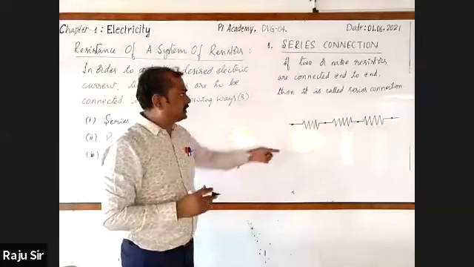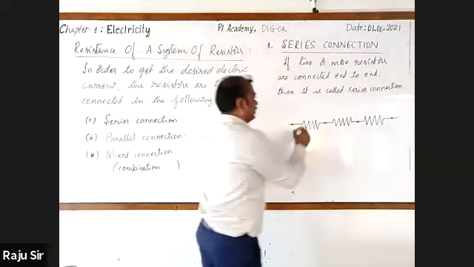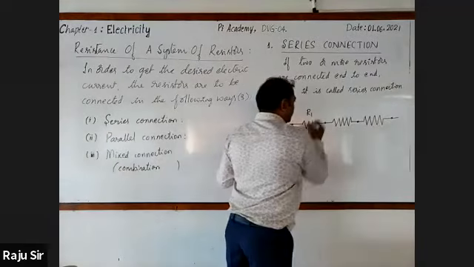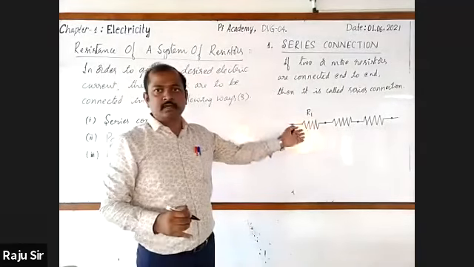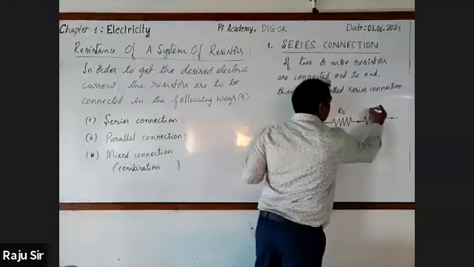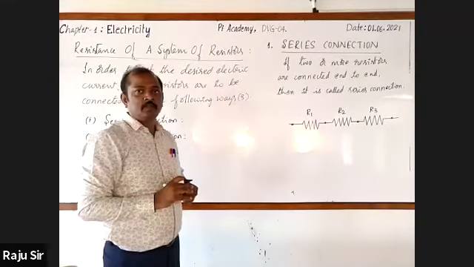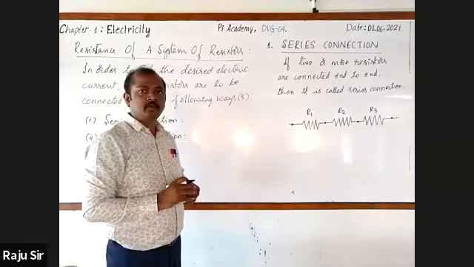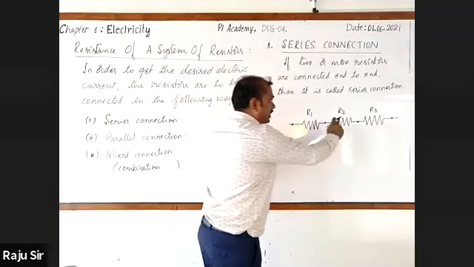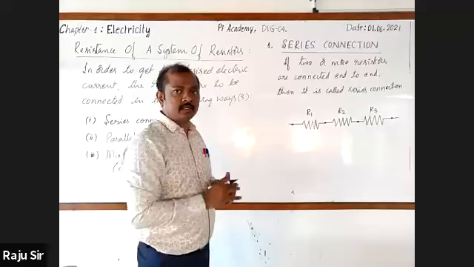These are the 3 resistors connected end to end. Here I call it R1, the resistance of the first resistor. Similarly, next R2 and R3. These 3 resistors are connected in series in the circuit.